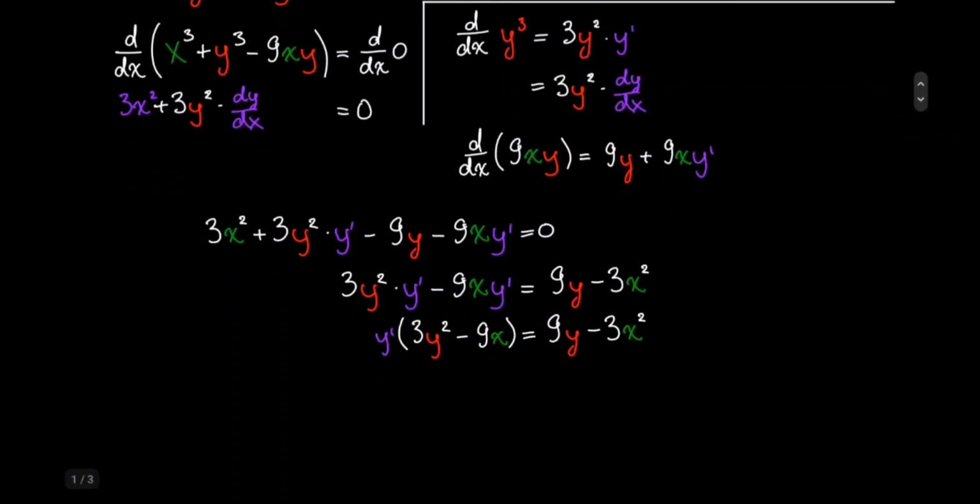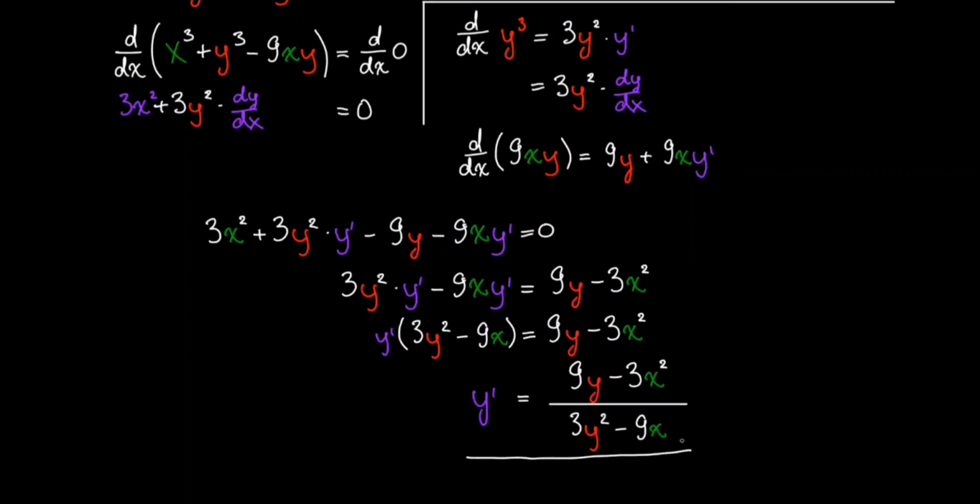And then finally, we can just divide by the term in the parentheses on both sides so that we can get an expression of the y derivative. And this right here would be the final answer to our derivative. The y prime is expressed as 9y minus 3x squared over 3y squared minus 9x. Note that the answers here can have both y's and x's in them.